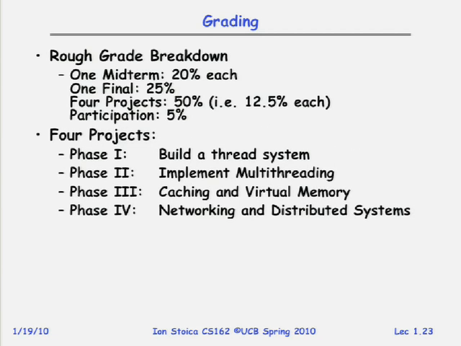The first 3 projects are about building key elements of an operating system and will follow very closely what we teach during the lectures. So you build a thread system, implement multi-threading, and memory management, caching, and virtual memory.